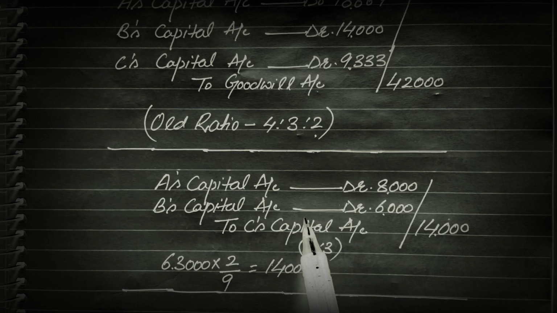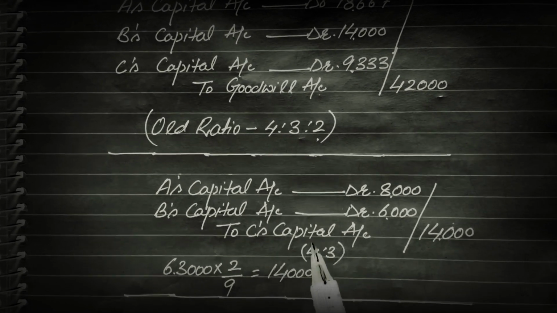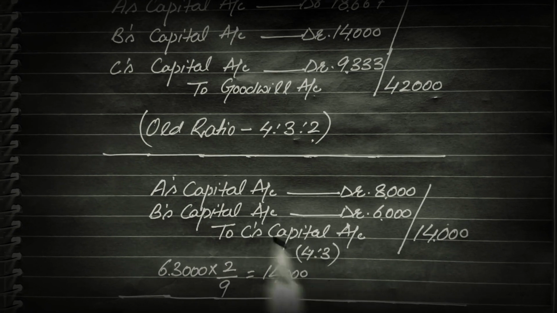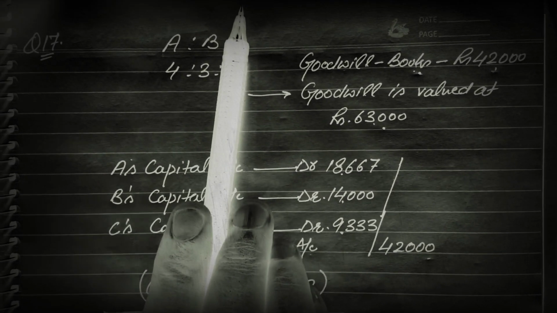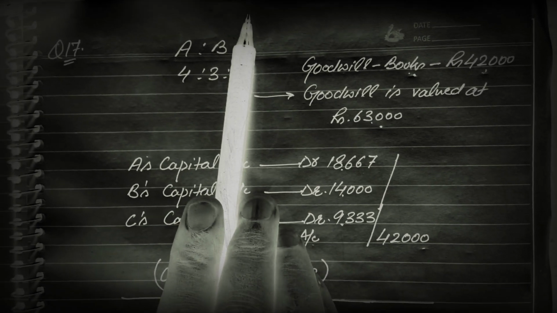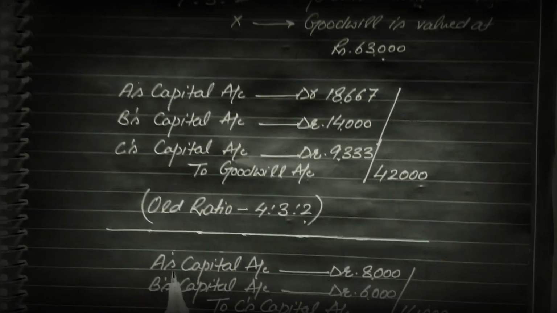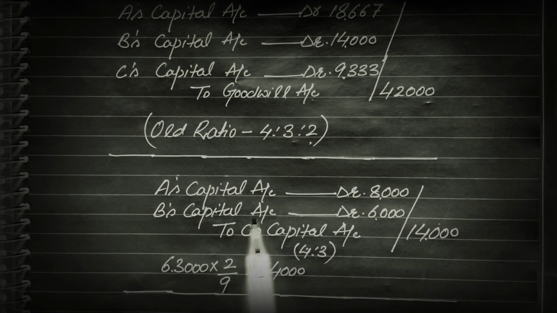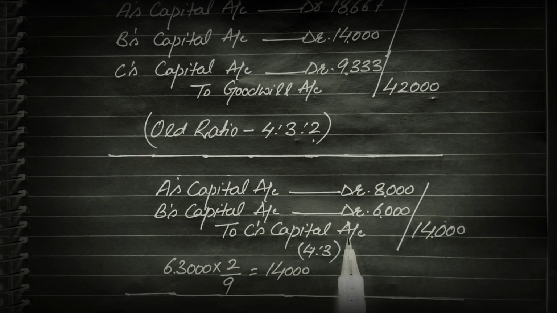Now at the time of retirement, the treatment of goodwill is gaining partner's capital account debit to retiring partner. If C retires, then the new ratio as well as the gaining ratio will be 4:3, and the gaining partners are A and B. That's why A's capital account debit, B's capital account debit to retiring partner, that is to C's capital account.